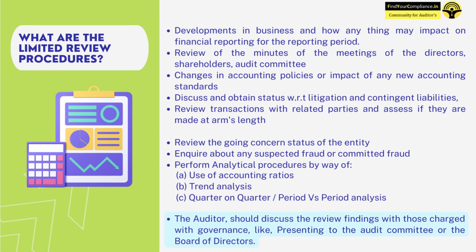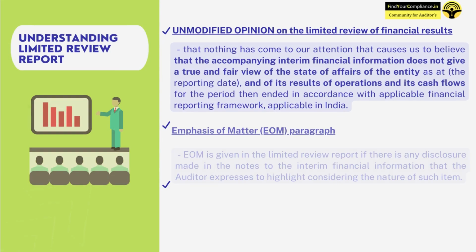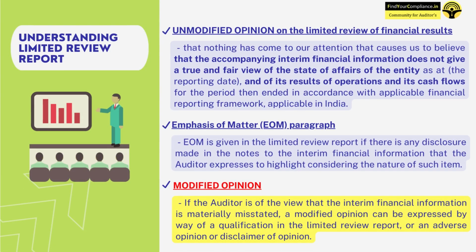Perform analytical procedures by way of A. Use of accounting ratios, B. Trend analysis, and C. Quarter-on-quarter and year-to-date period versus period analysis. The auditor should discuss the review findings with those charged with governance, like presenting to the audit committee or the board of directors.